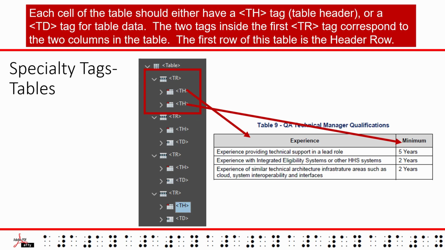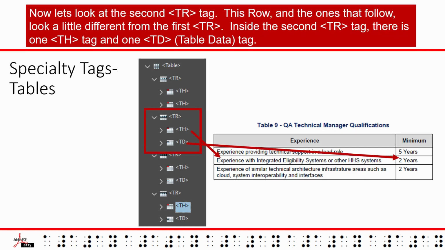Each cell of the table should either have a TH tag, table header, or a TD tag for table data. The two tags inside the first TR tag correspond to the two columns in the table. The first row of this table is the header row. Now let's look at the second TR tag. This row and the ones that follow look a little different from the first TR.